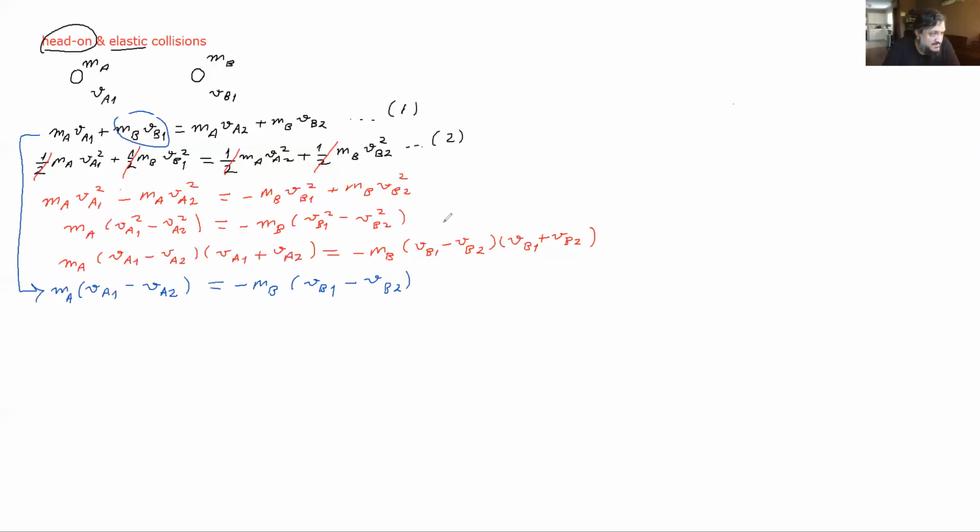But I see that the left-hand side is already here in the linear form of the second equation. And negative mb times (vb1 minus vb2) is right here. But these two are equal to each other, so I can get rid of them.